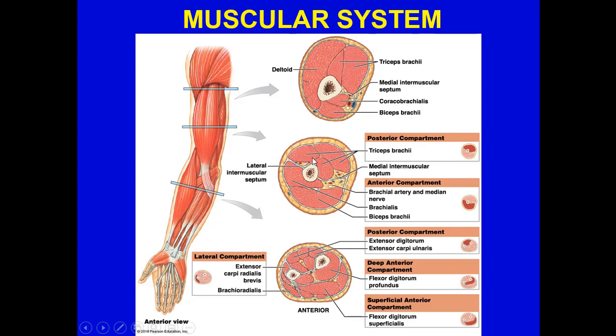Yep, right here. This is an entire compartment here separate from the biceps brachii and the brachialis. You notice within this compartment also are blood vessels and nerves. Okay, you can go up to the deltoid area where you have the triceps brachii here, part of the biceps brachii here, a large section of the deltoid.